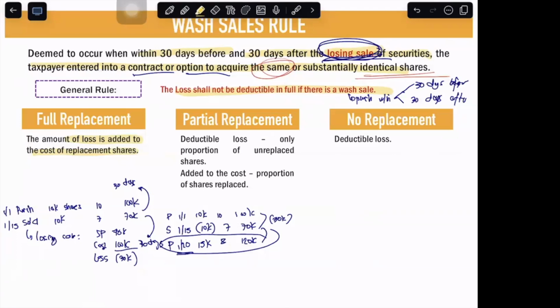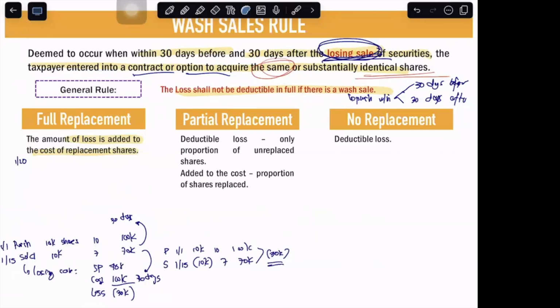Okay. So here, again, we have a loss of 30,000, right? So let's assume on January 20 you will purchase 15,000 shares for 8 pesos per share. That is equal to 120K, right? And we have a loss on wash sale.